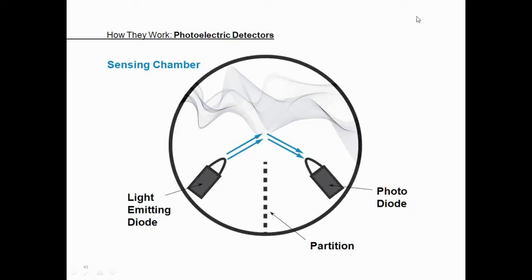Called the photoelectric principle, darker colors tend to absorb light while lighter colors reflect more light. So photoelectric technology looks for a slower, colder type of fire which produces white or gray smoke with larger particle sizes.